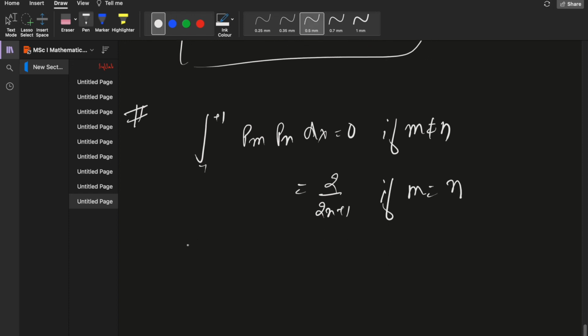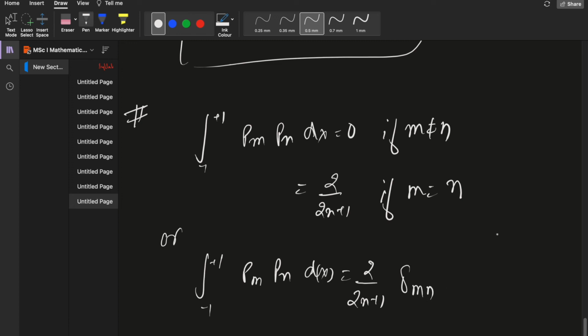Or we can write it as the integral from minus 1 to plus 1 of P_m(x) P_n(x) dx equals 2 upon 2n plus 1 times delta_mn, where delta_mn is the Kronecker delta.